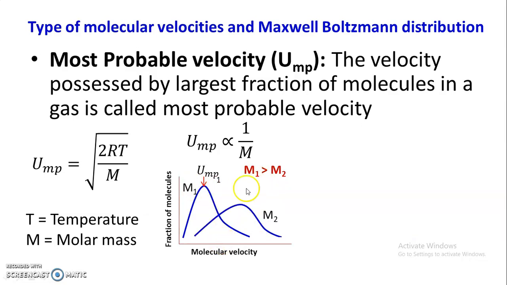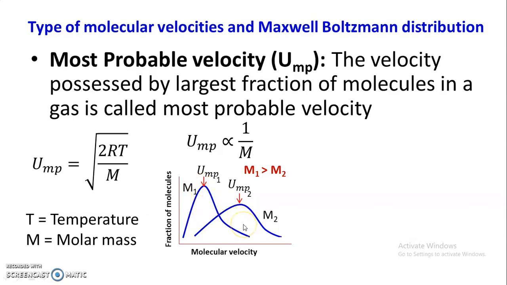Now consider the distribution curve for another gas with gas molecules of molar mass m2. As m2 is less than m1, these molecules of gas 2 move a little faster than the gas molecules of gas 1.